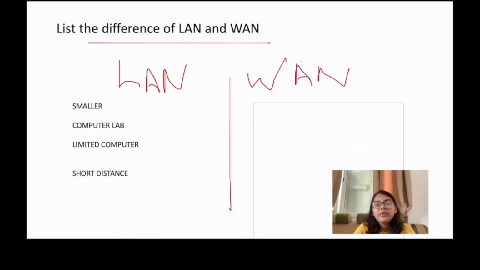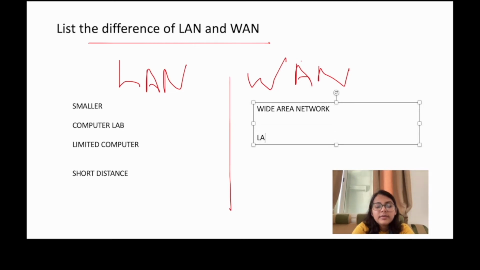If we talk about WAN, we can say this is a wide area network. It is a larger network, and we can connect two or more LANs.